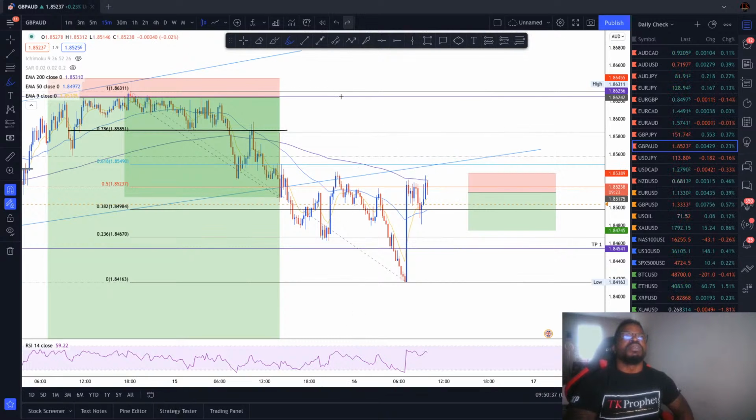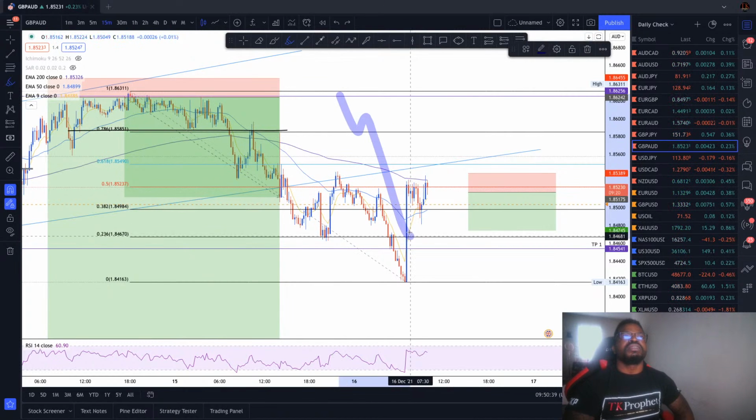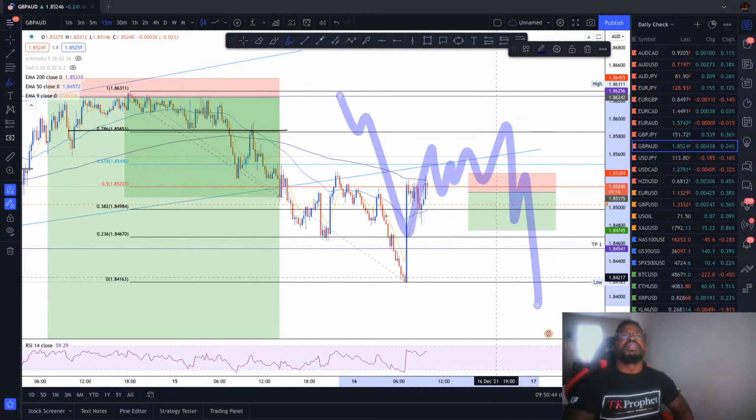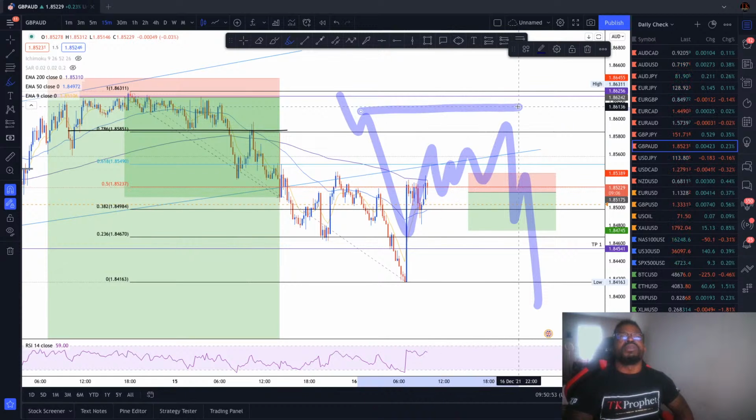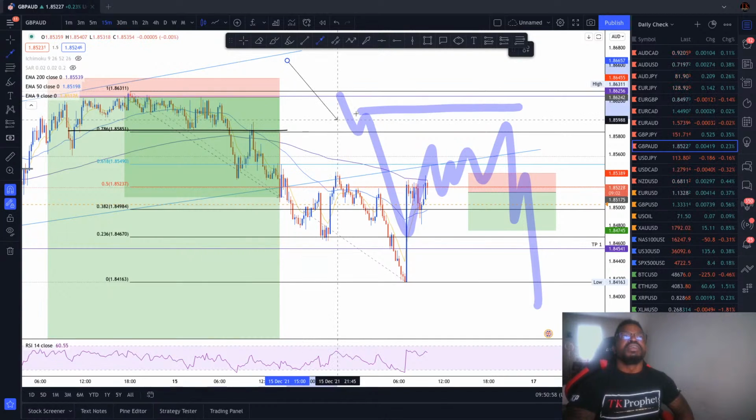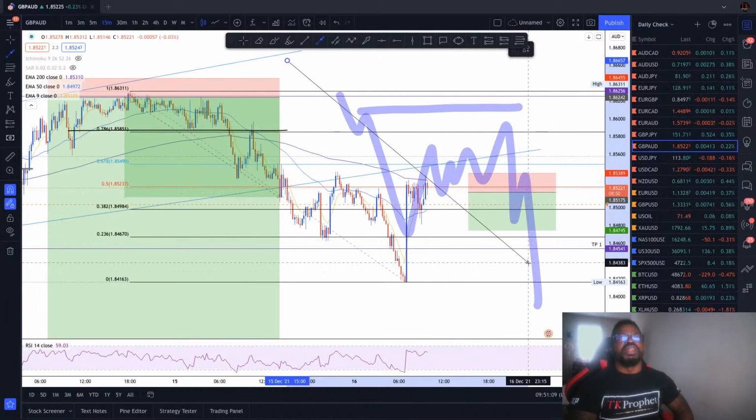Some cases you'll see more so a move like this, but everything that happens here doesn't matter as long as this high here is not broken. This high would be the structural high. So as long as this structure isn't broken, there's a chance that you'll see a continuation in the downtrend and the break of the lows.